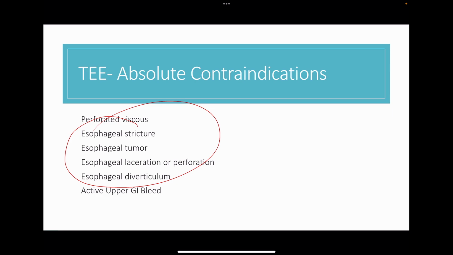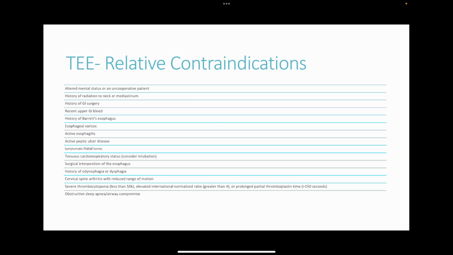So these are some absolute contraindications to not do a TEE. And upper GI bleed, because what if you cause more issues putting that probe down? Now I don't know, is this bleeding caused by the trauma that I caused, or was it already there? And then here's some relatives. Don't go crazy knowing all these, or any of them really, just know a lot of the big ones. The esophagus ones are the big ones.